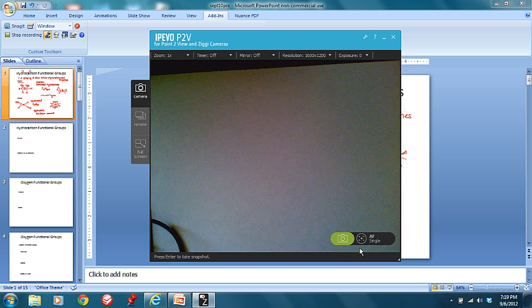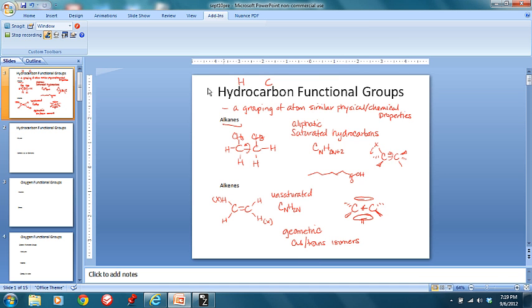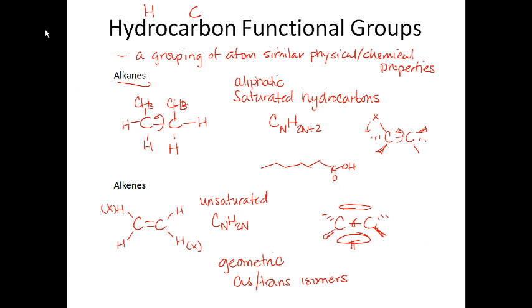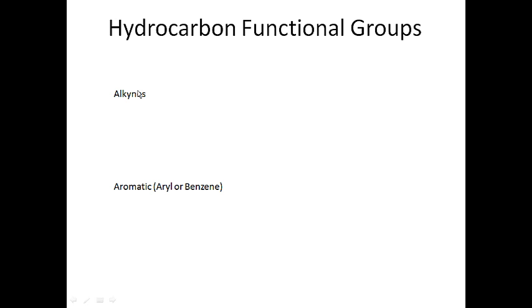Okay, so the idea here is that there are some structural differences between alkanes and alkenes. The third hydrocarbon functional group is alkynes. Alkynes are carbon-carbon triple bond molecules, again only containing carbon and hydrogen.